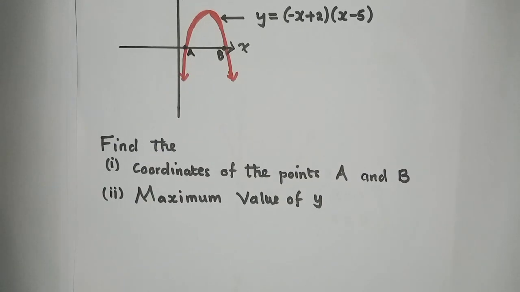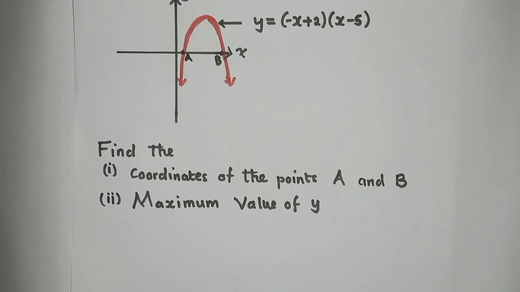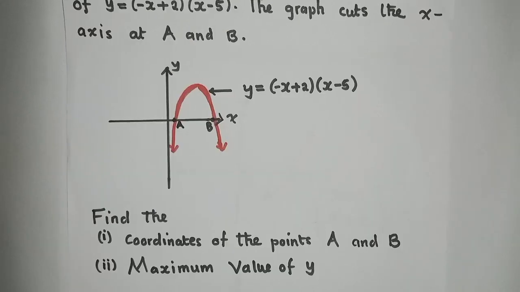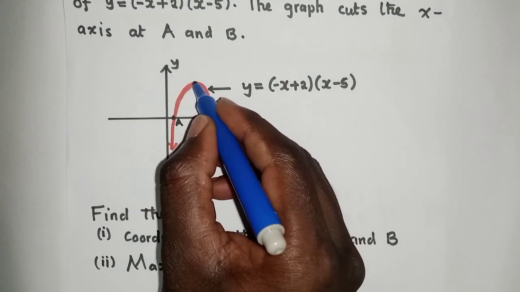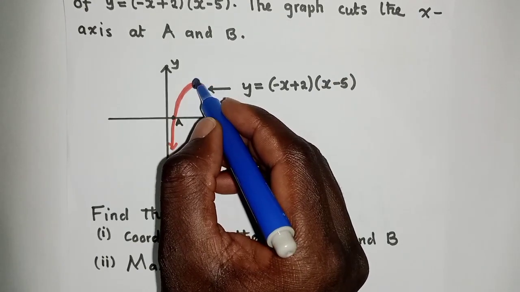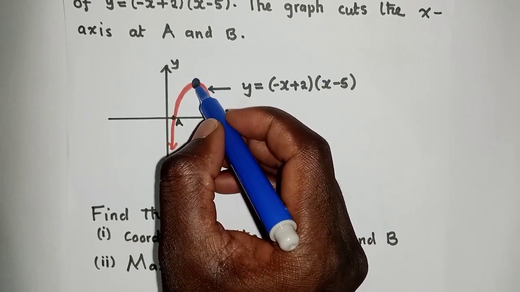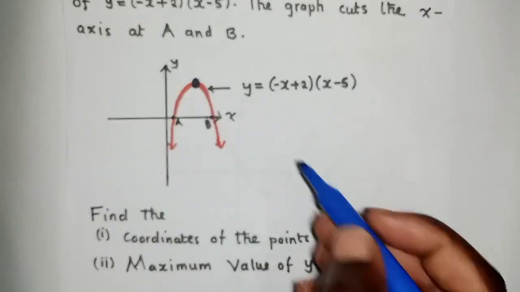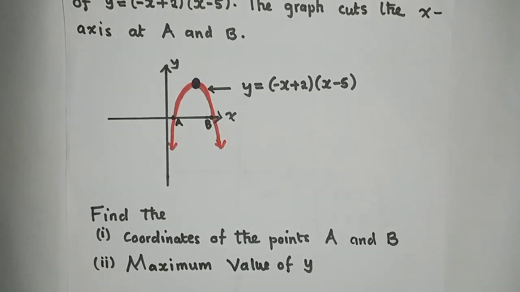We go to question 2, where they want us to find the maximum value of y. So the maximum value of y is simply the turning point. What is the y value at the turning point? Remember, I showed you the formula to use when you want to find the turning point.